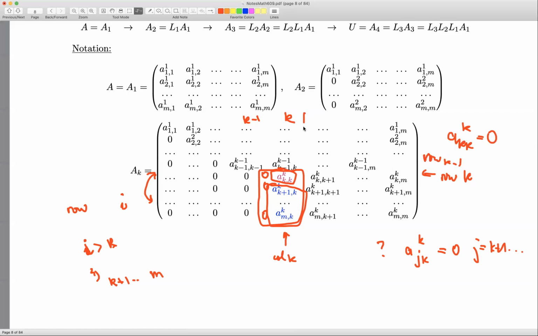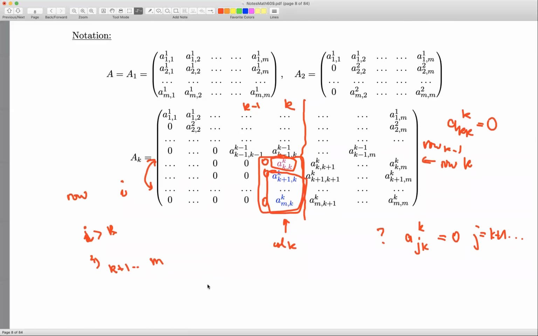So if we look at this part of our matrix, this submatrix, the first column is some vector, and we cut it up to here. So what do we have? If we cut it up to here, we have vectors in R^(k-1).